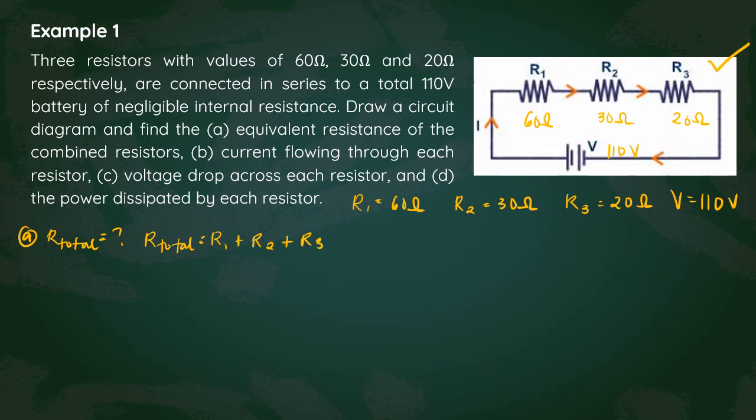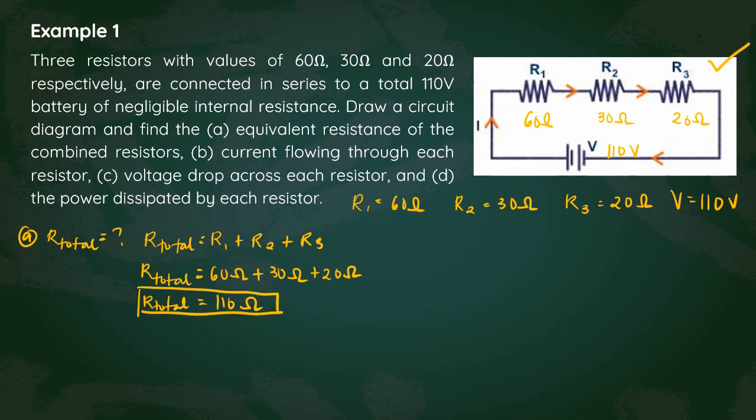So R total will be 60 ohms plus 30 ohms plus 20 ohms. So R total is 110 ohms. There. Easy, right?